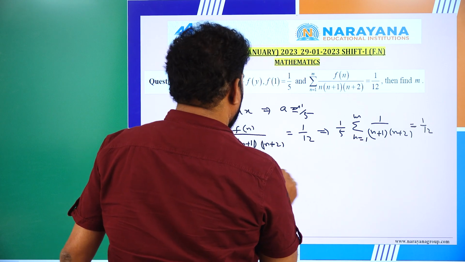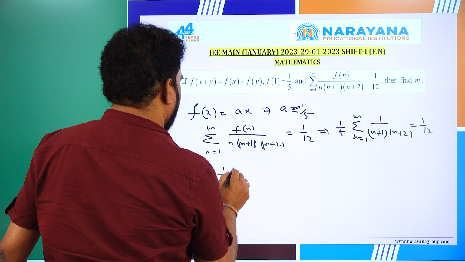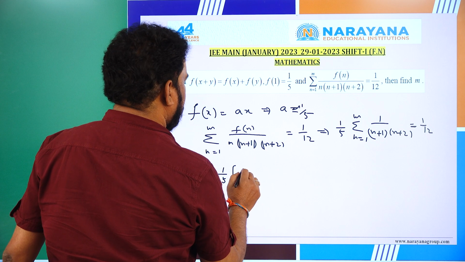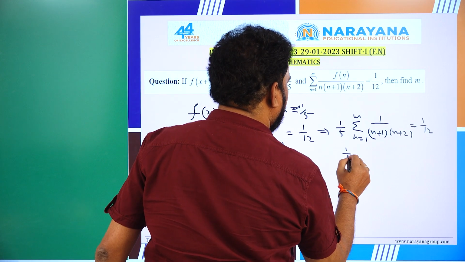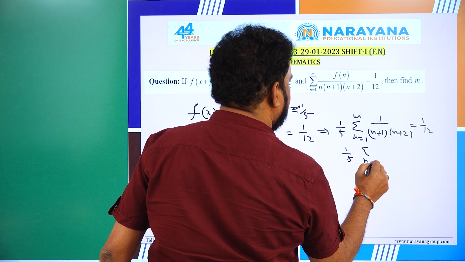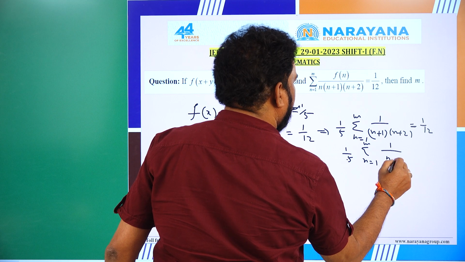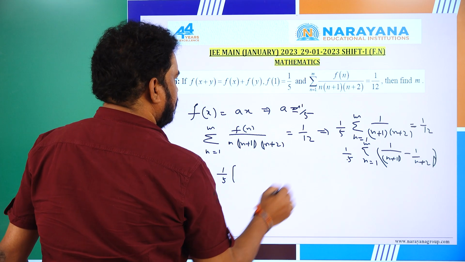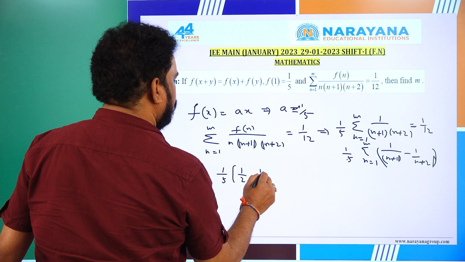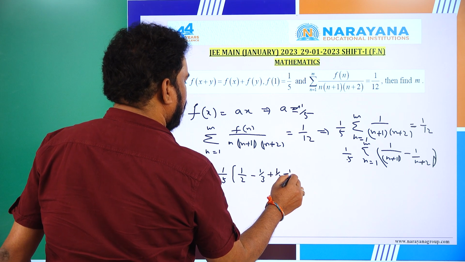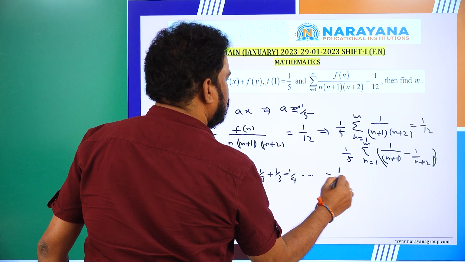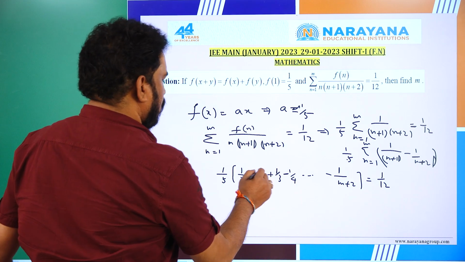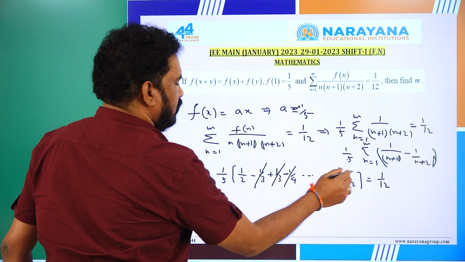By applying the sigma, this can be written as 1/5 sigma n = 1 to m of (1/(n+1) - 1/(n+2)). Expanding, it is 1/2 - 1/3 + 1/3 - 1/4 and so on, up to minus 1/(m+2), and everything cancels.